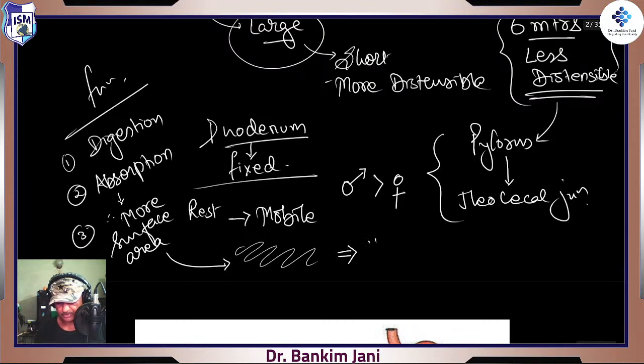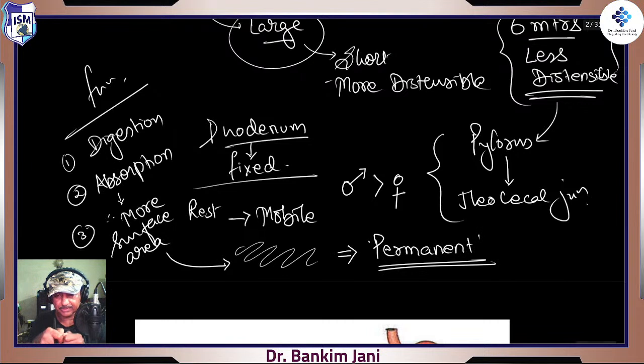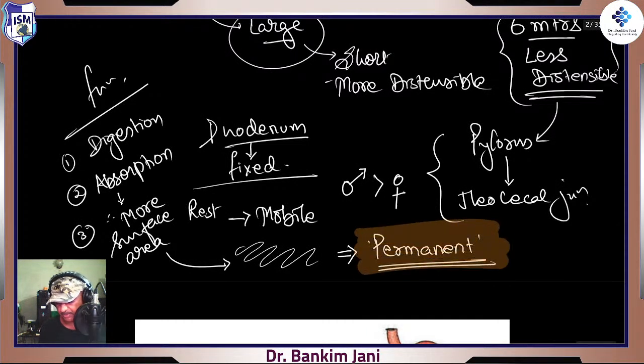And these folds are permanent. When we say permanent, it means that even when this tube is stretched, those mucous membranes will persist. Permanent means they remain in the form of folds even when we stretch them.